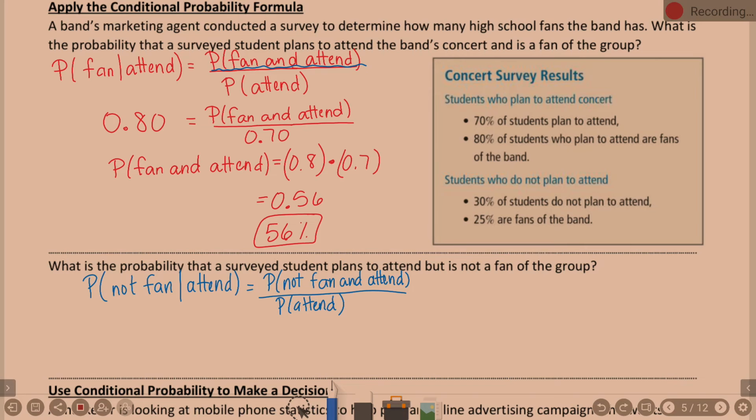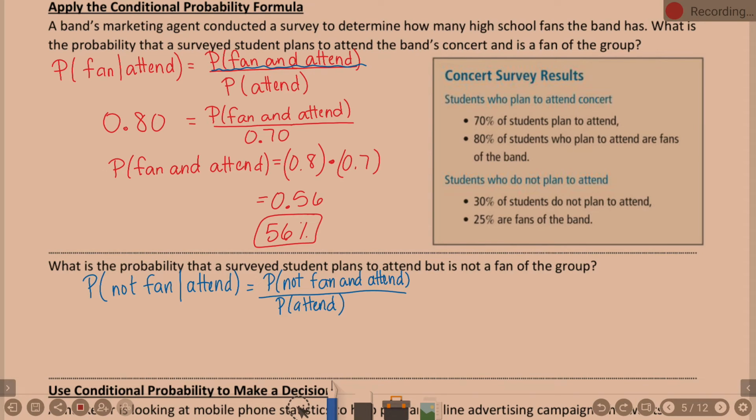What do we know? Probability of not being a fan given you are attending. Thoughts on that one? Read what you have and think about it.